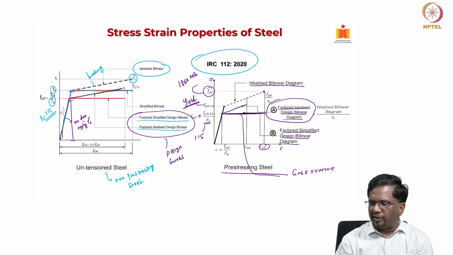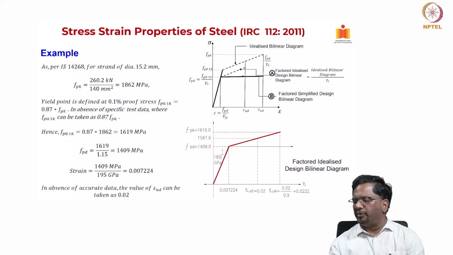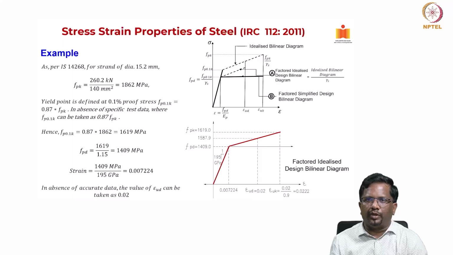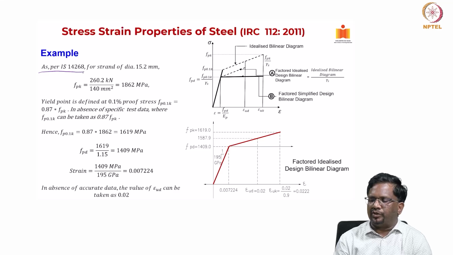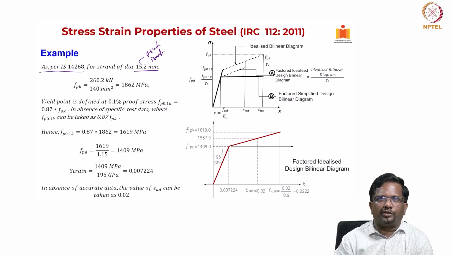Now with the example, let's see how we get it. You see this is a curve that we talked about. For FPK, if you look at the standard IS 14268, if I am using, let's say, 15.2 millimeter, which is nothing but a 0.6 inch strand, and this is the maximum load at which it is rupturing, the area of the 0.6 inch strand is 140 mm square.